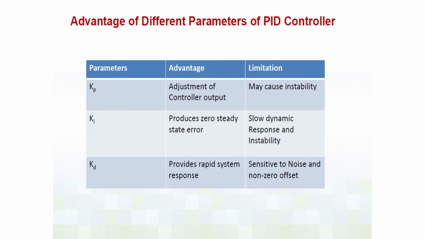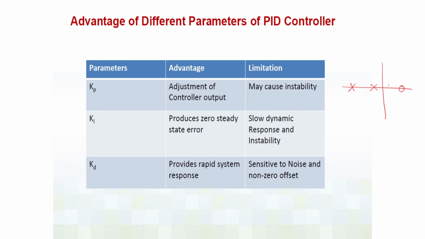Now, what are the advantages? Let us see it. So, if I use only the proportional part of the controller, I can adjust the output of the system, but sometimes it may cause instability. Okay. So, a typical case is when you have a two-pole type of situation. Suppose you have two poles here and suppose you have a 0 here.